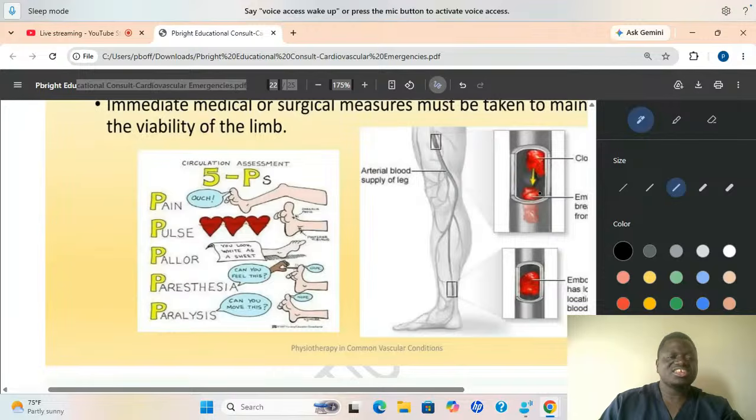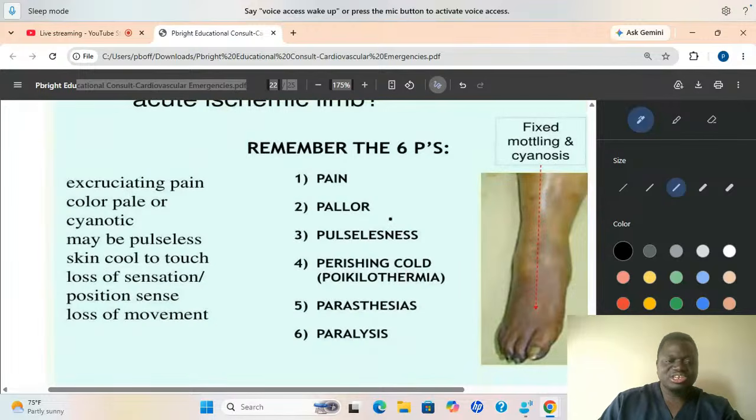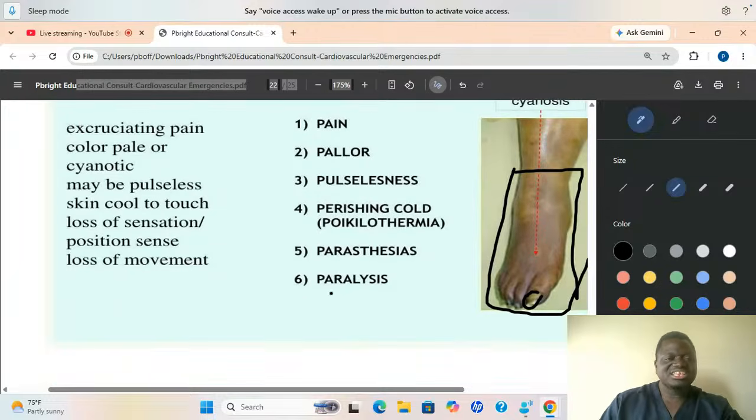Somebody is having severe manifestations. Look at the bluish discoloration and all this. Capillary refill will drop. Excruciating pain, color paleness or cyanosis.